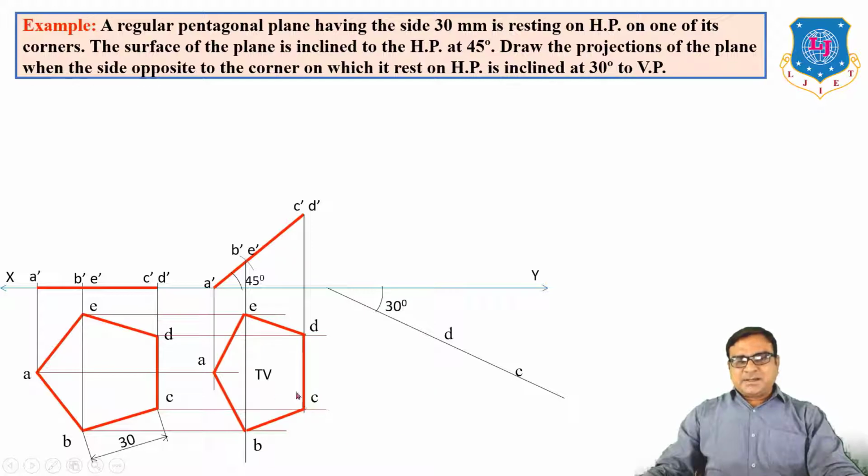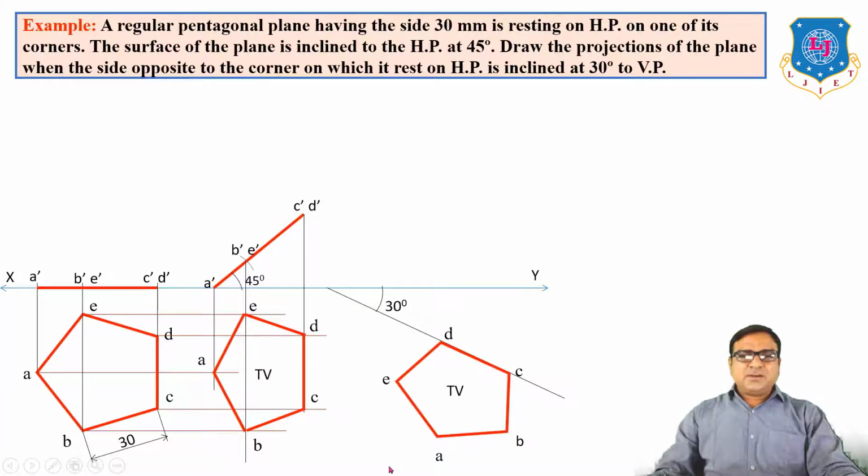Take CE radius from here, take C as center here and draw one arc. Here DE radius, D as center. So intersecting that previous arc, you will get the E point. Similarly, you can take the other points and draw the top view.